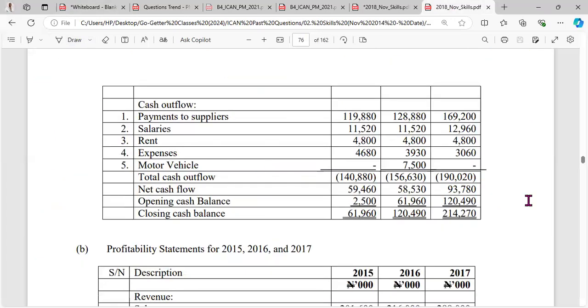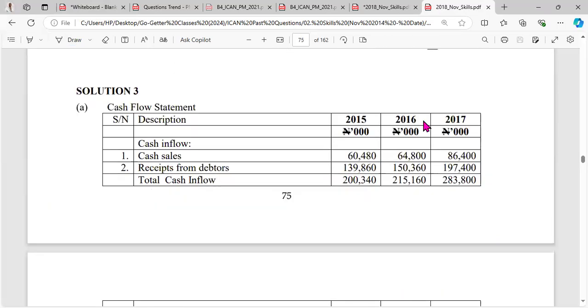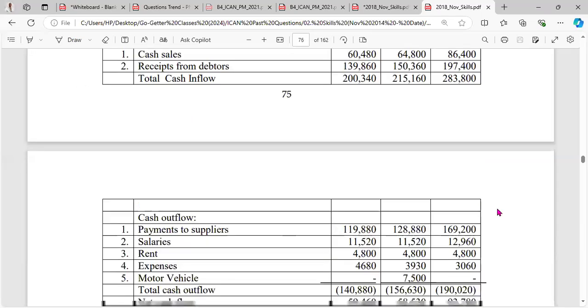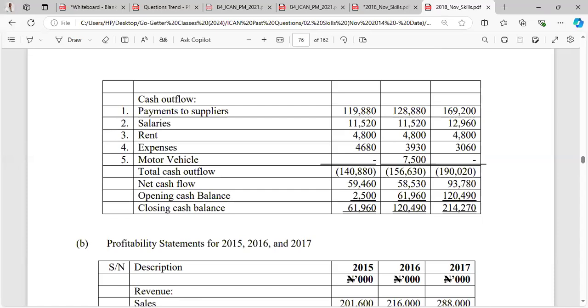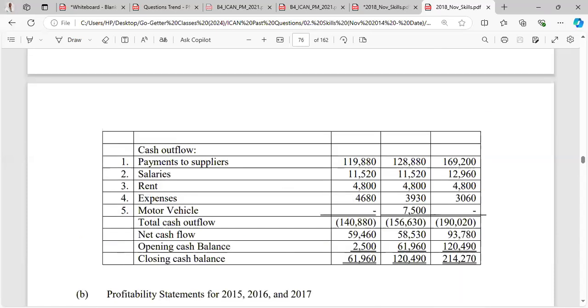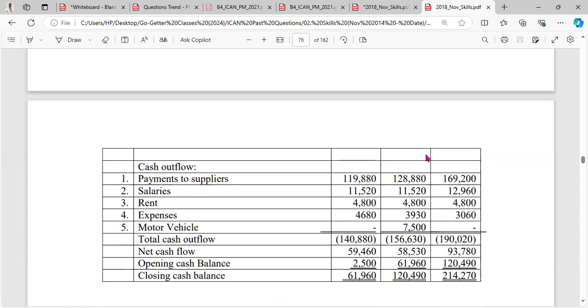There's a minor difference in certain calculations we did, so there's no problem. It's a minor difference, so that's not an issue. You will still get your full mark.